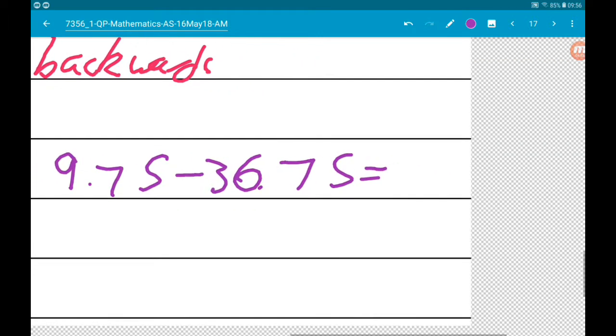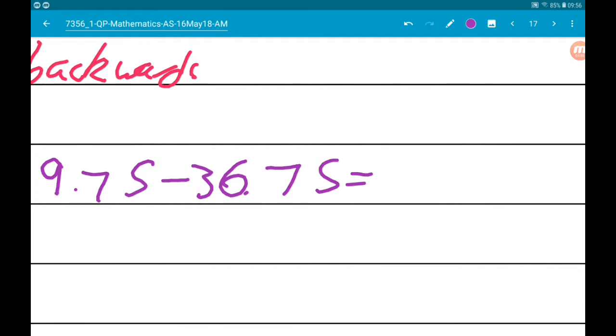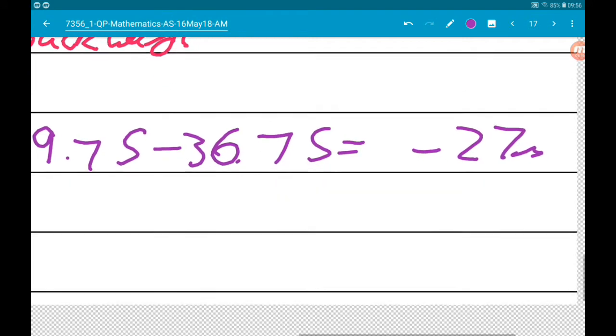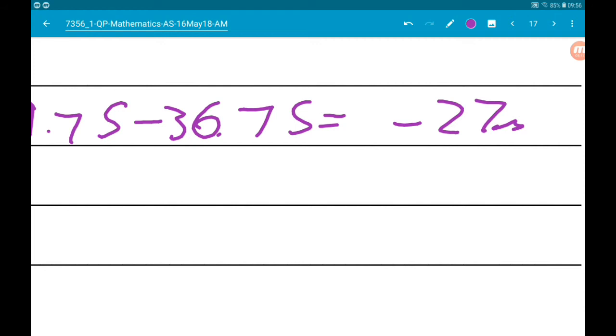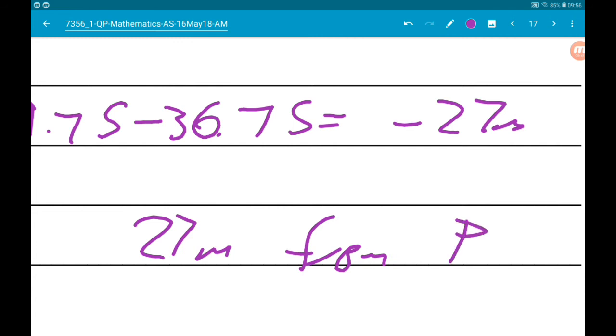Now that's going to give us an answer of minus 27 meters. But the reason that's negative is because we are behind point P. So distance can't be negative. So we are 27 meters from P. Cool.